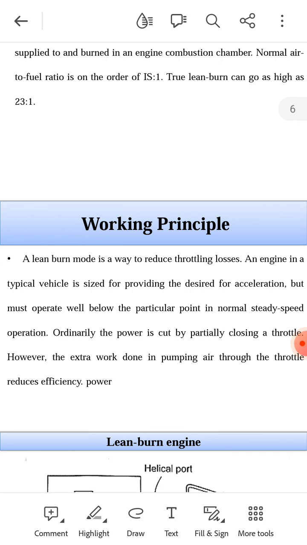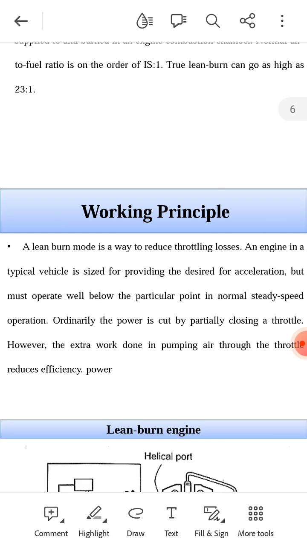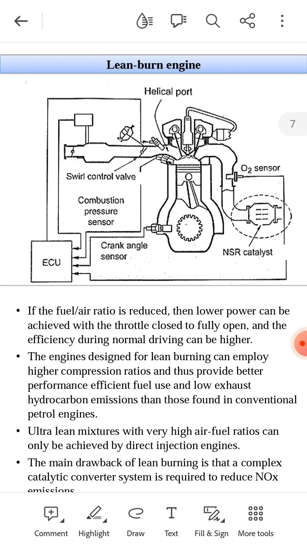However, the extra work done in pumping air through the throttle reduces the efficiency. If the fuel air ratio is reduced, then lower power can be achieved with the throttle closed to fully open, and the efficiency during normal driving can be higher.